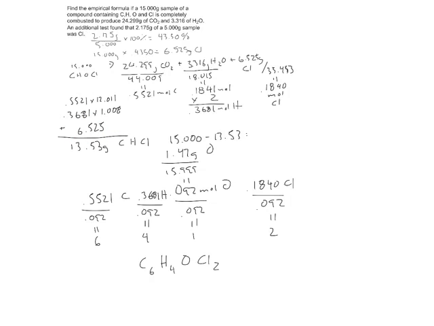Again, if you wanted to make it look the same, moles times molar mass of carbon, moles times molar mass of hydrogen, I could have done 0.1840 times 35.453, but that's just going to get me my 6.525 number back. Whatever floats your boat, that saved me a little step there, and that gets me mass of carbon, hydrogen, chlorine. Solve for oxygen by subtraction, normalize like normal. And that is combustion analysis.